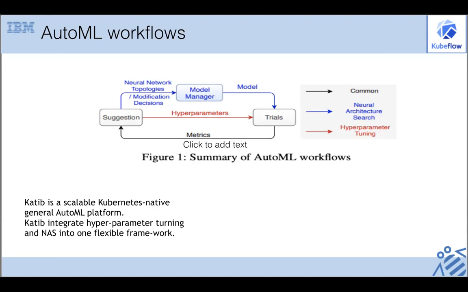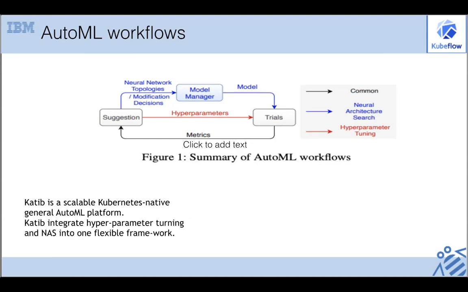And hyperparameter tuning and NAS, neural architecture search, can be naturally unified in one system. And KDIP is a scalable Kubernetes native auto machine learning platform.